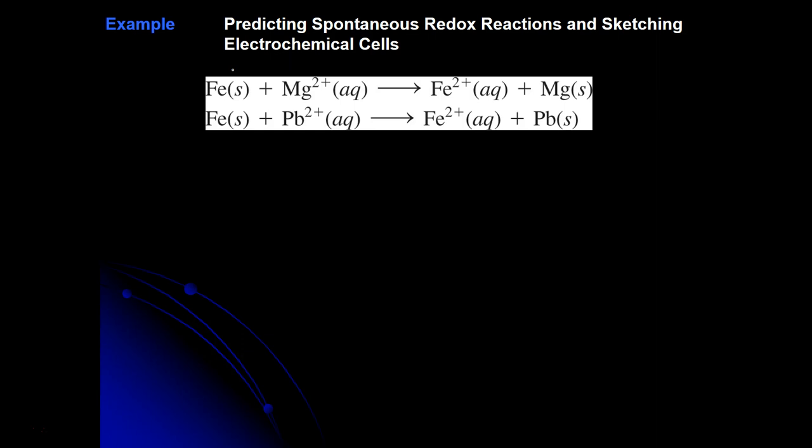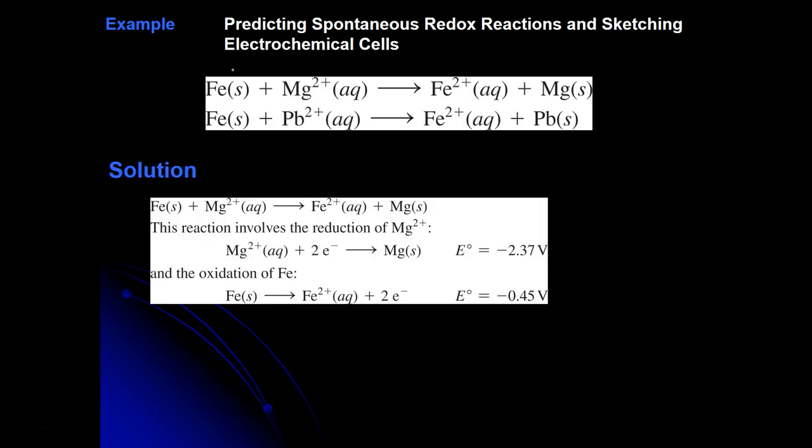Now, is this going to be spontaneous? Let's take a look. First we look at that first reaction, iron and magnesium. Let's take a look at the half reaction for the reduction of magnesium. Whoa! Negative 2.37. That is low on the table. If we remember from that table I showed you, magnesium is way at the bottom.